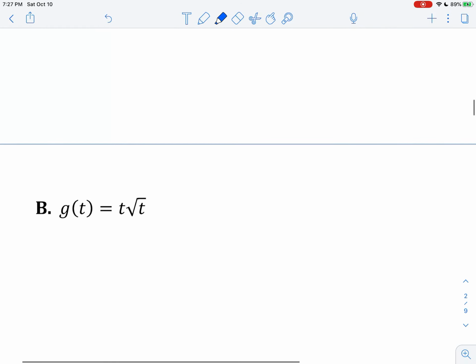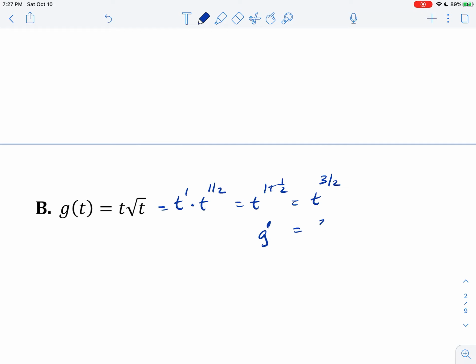Good. This one, I can use my exponent rules and say that this is t to the 1st power times t to the 1/2. And that's going to be t to the 1 plus 1/2, or t to the 3/2. And so if I take my g prime, that's going to be take the exponent down and then subtract 1.